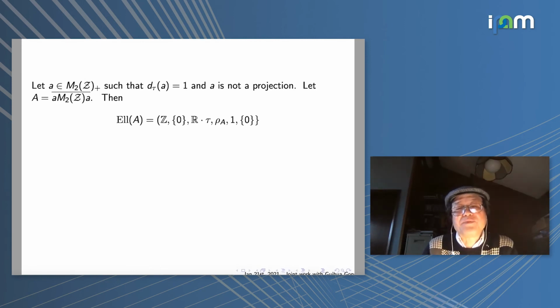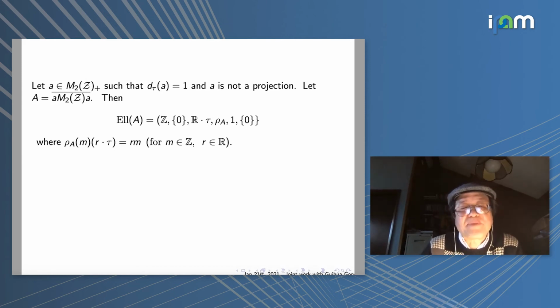So you have the group Z, a unique trace, the scale of the group is 0, and K1 is 0. And the pairing is the usual one. And this is not a unital algebra. So you need that thing to distinguish them.